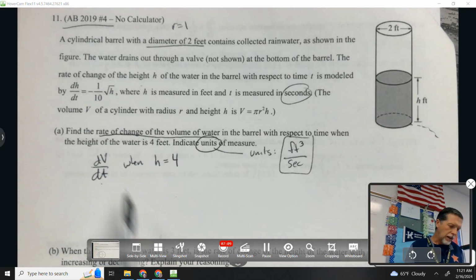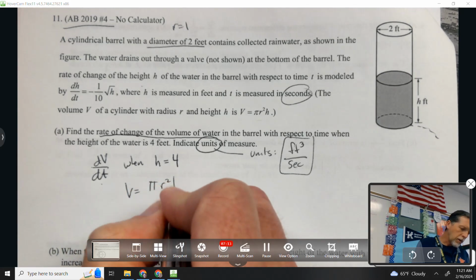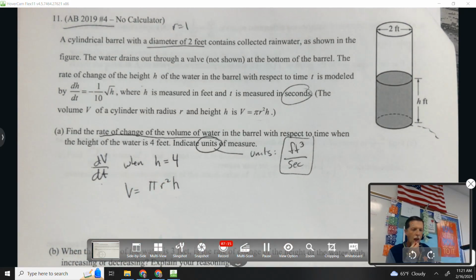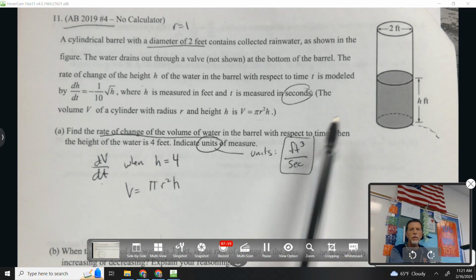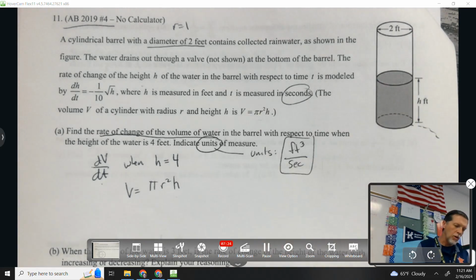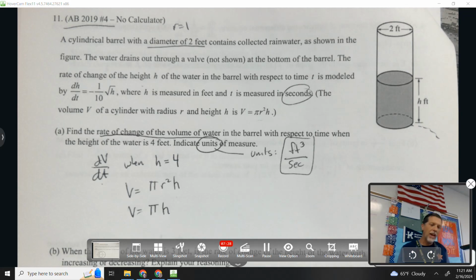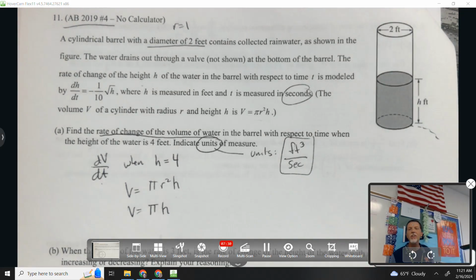dV/dt, and all I know is that V is equal to pi r squared h. But R isn't changing, so that's nice. I can just plug in R equals 1, because as the volume changes, R doesn't change.